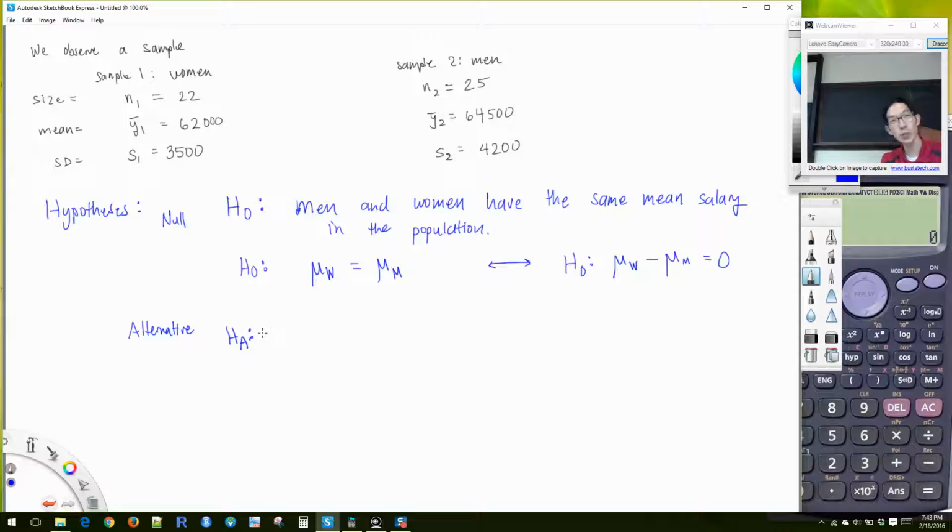We have a few choices for the alternative hypothesis. One is we can take on what we call a non-directional alternative, okay? So I'm going to just start off with the non-directional alternative.